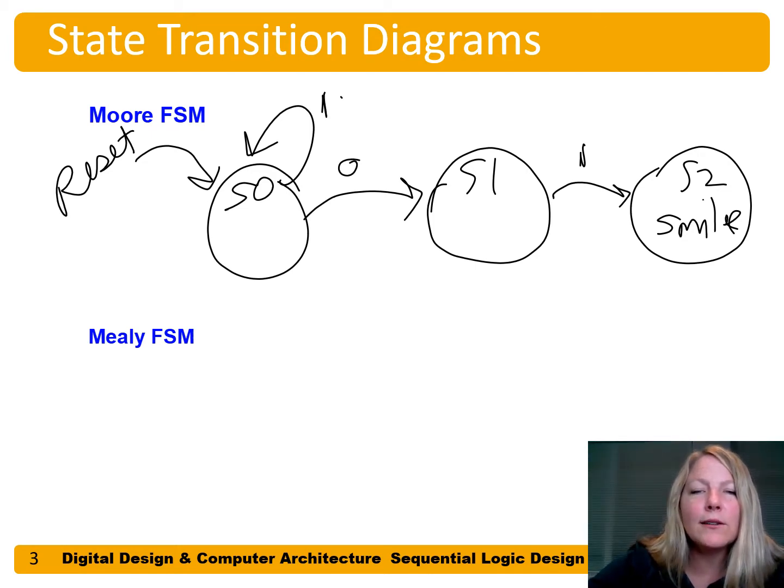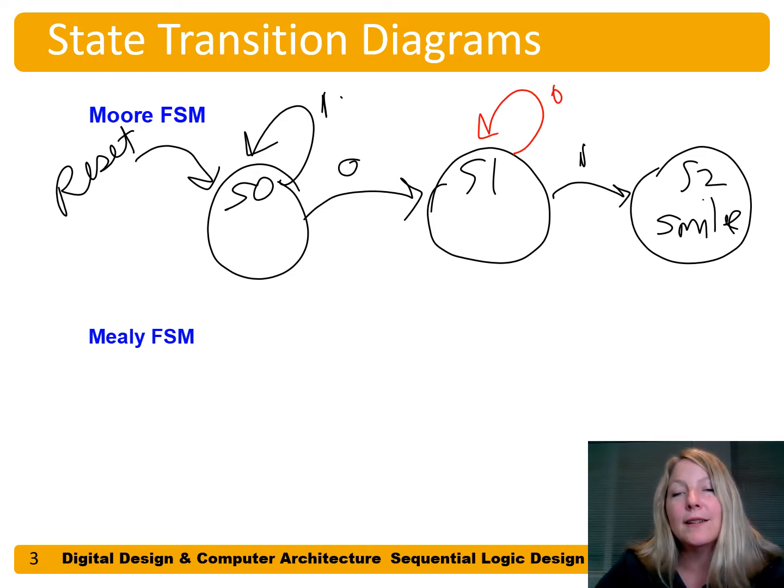So now we know what to do if we're in state 0. What about if we're in state 1 and, instead of getting the 1 that we want, we get a 0? Well, it's possible that that's the first 0 of a sequence 0, 1. And so we can stay in that S1 state to say, hey, I found my 0. Still found it. And state 2, we don't have any transitions out of that yet.